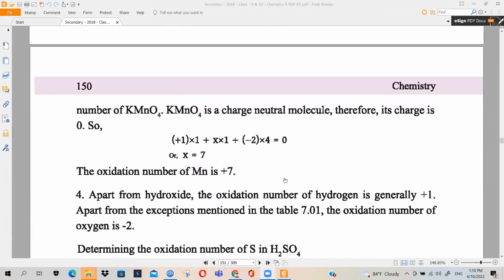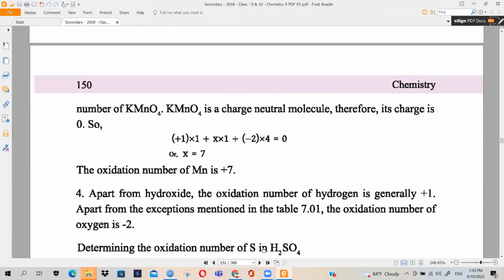Okay, now just complete this one. I will give you a break for today. So H2SO4. Calculate the oxidation number of sulfur here.